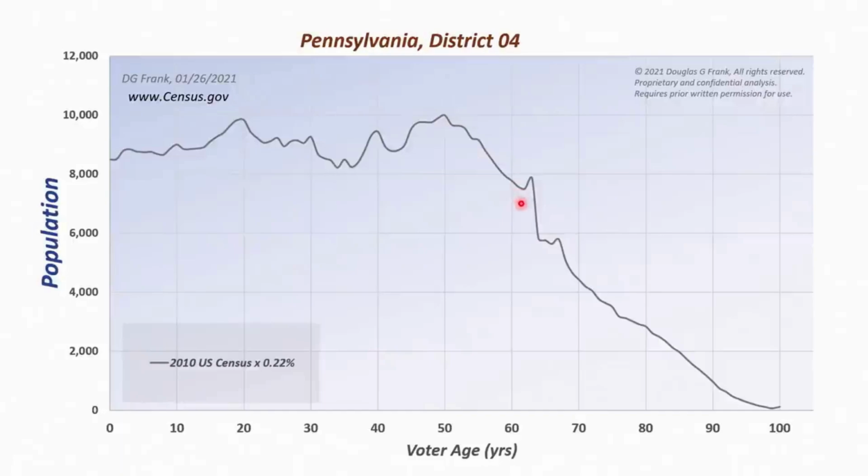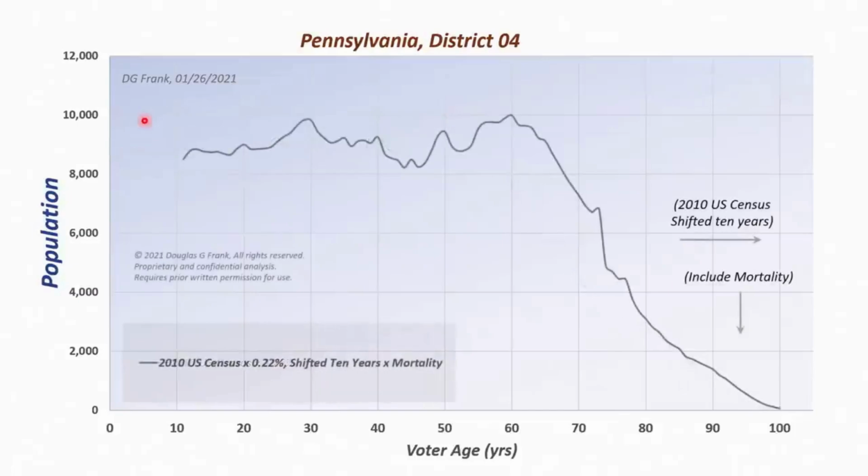Now, of course, this is 10 years ago. And also, I'm interested in comparing this to the Pennsylvania District 4. So I've also multiplied it by a very small fraction. So that way, this 8,000 number, instead of it being 4 million, it's only 8,000. So I've shrunk the curve. I've made it smaller. Now, if I shift it to the right, because it's 10 years later, so you notice I've shifted this curve to the right.